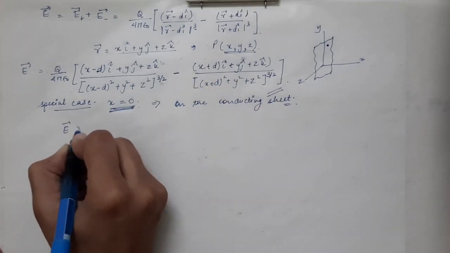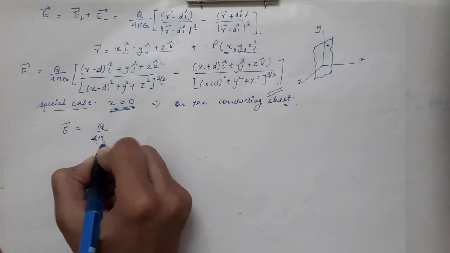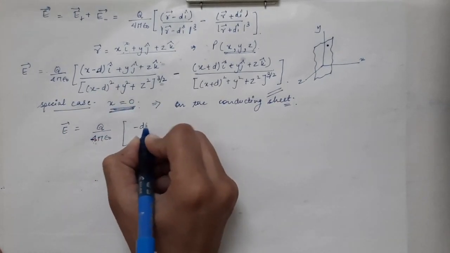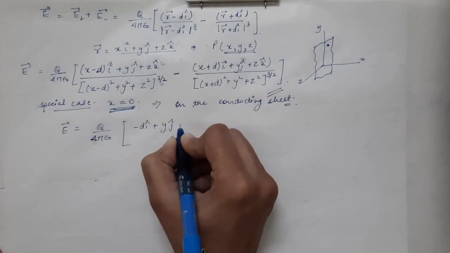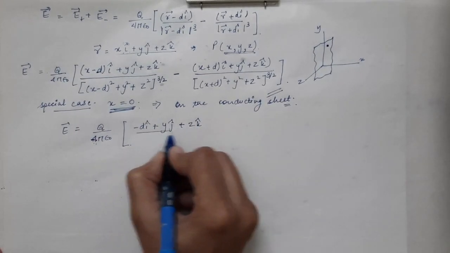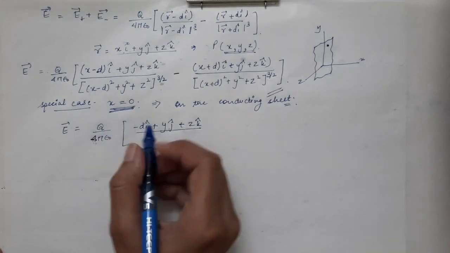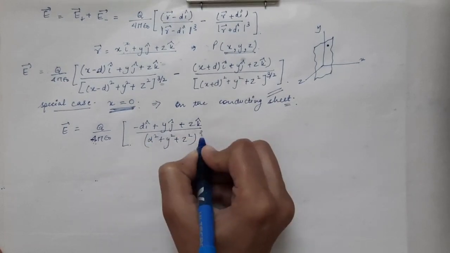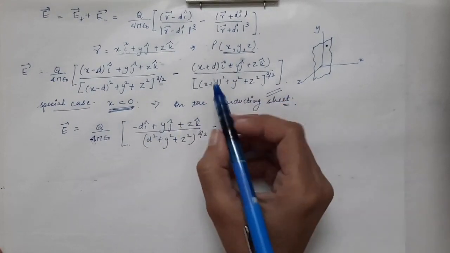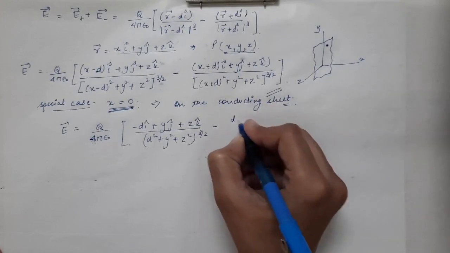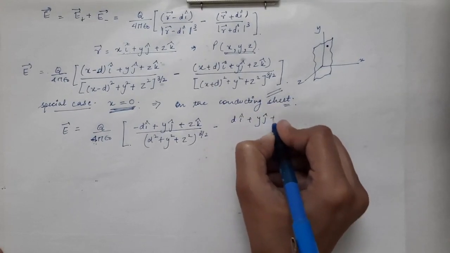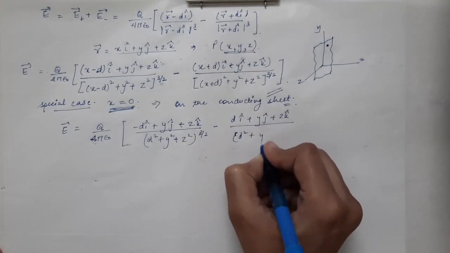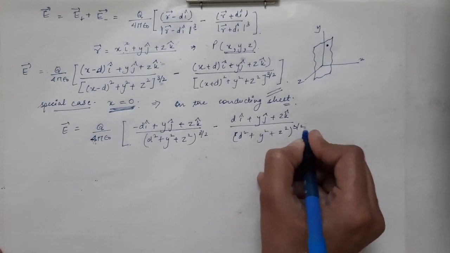So the electric field will come out to be q divided by 4 pi epsilon naught into minus d i cap plus y j cap plus z k cap, divided by d square plus y square plus z square power 3 by 2, minus the second term, where x is 0, so d i cap plus y j cap plus z k cap will remain, divided by d square plus y square plus z square power 3 by 2.